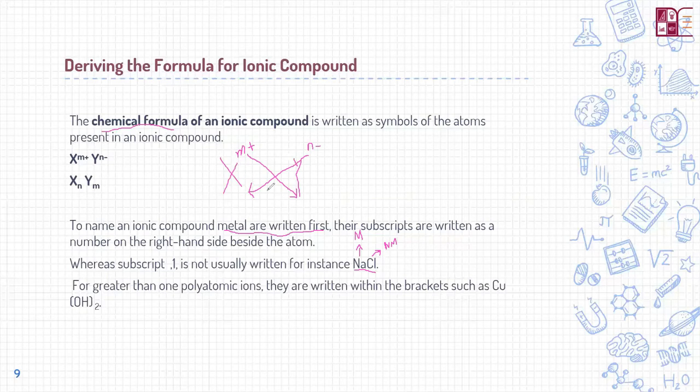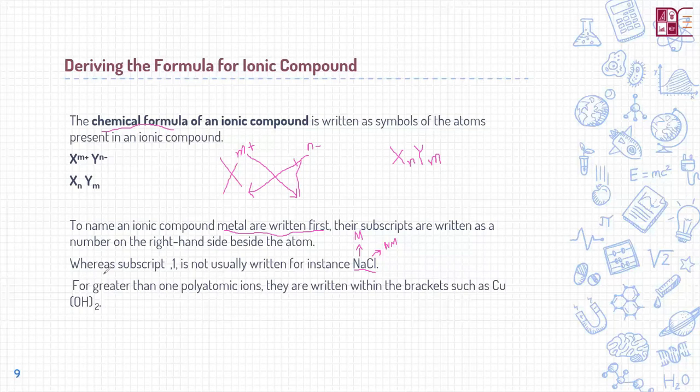Now X gets this number as a subscript on its right hand side just beside the atom. So X will get the number of charges from Y, so it's Xn, and Y will get the number of charges from X, so it's going to be Ym. So it's just going to be cross in this cross direction.